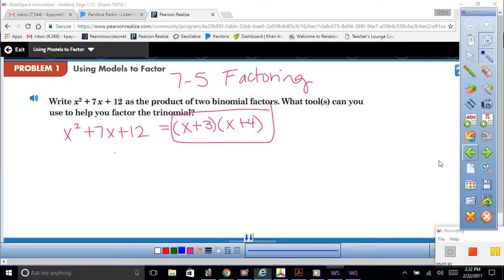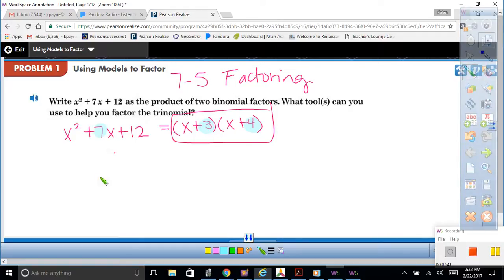Now, what's neat about these, if you look back at these, what you may notice looking at these numbers is that the sum of these numbers, 3 plus 4, is that middle number, or the coefficient of your middle term, and the product, 3 times 4, is your last term, your constant.